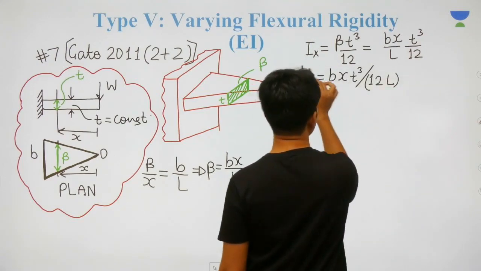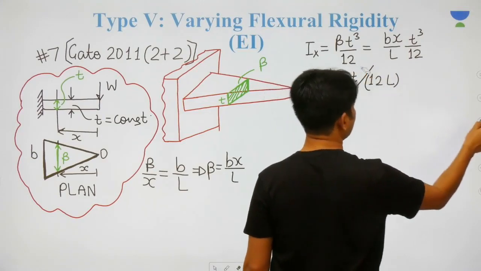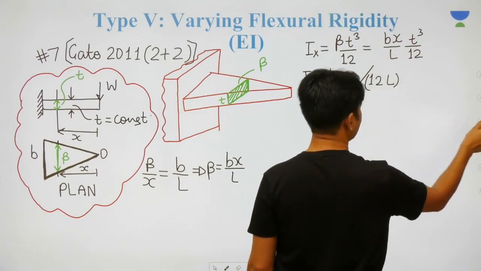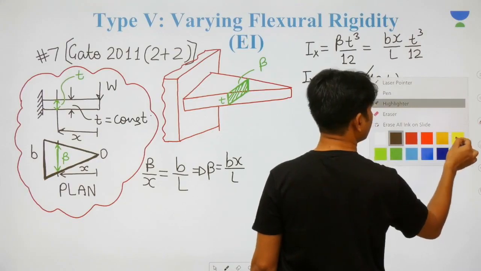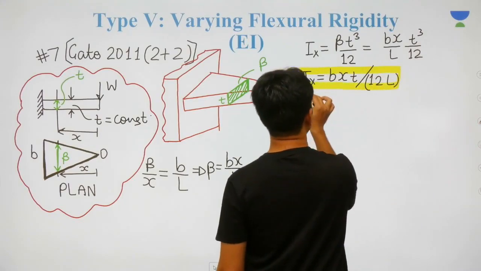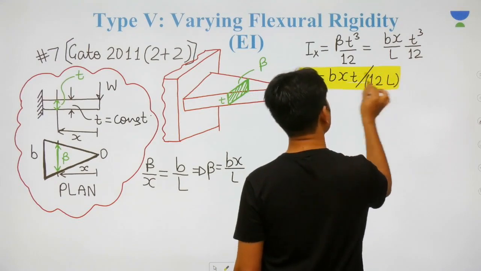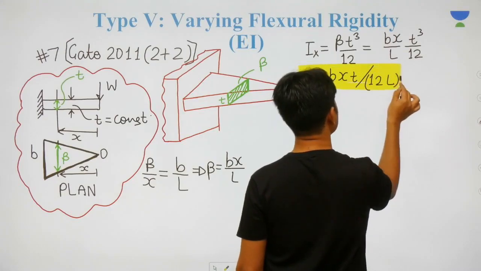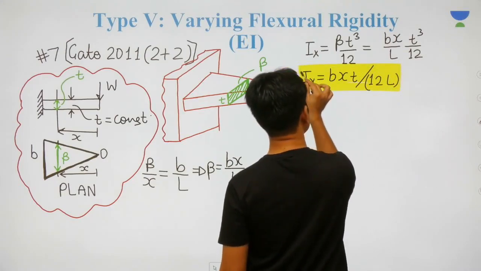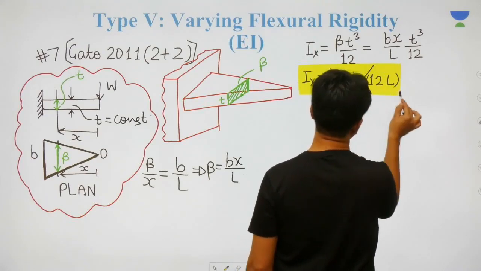This is a problem where they rewarded 2 marks to me for only this much, for only expressing the moment of inertia at any given x position.